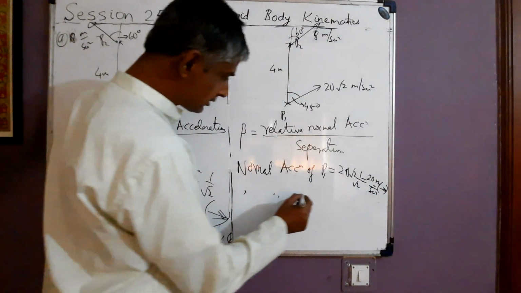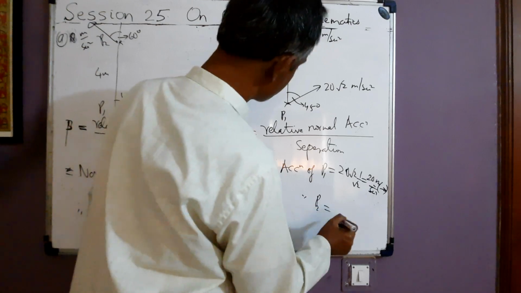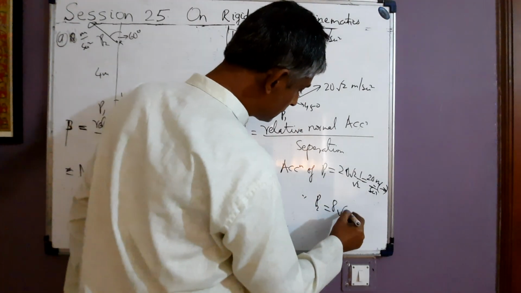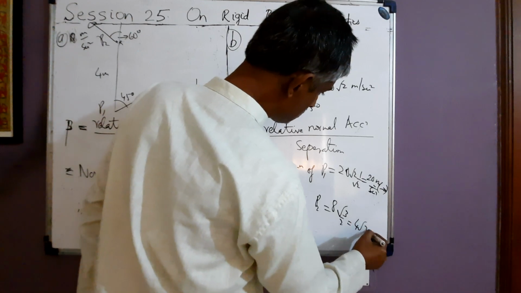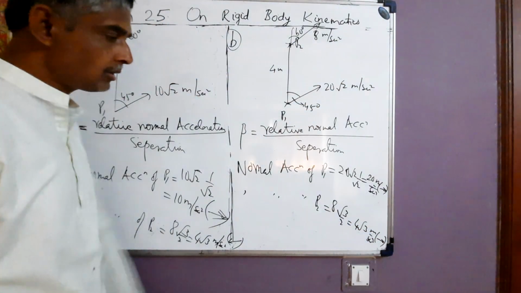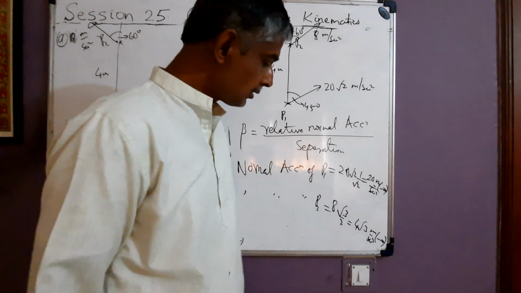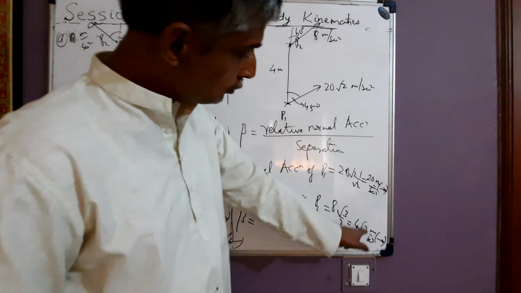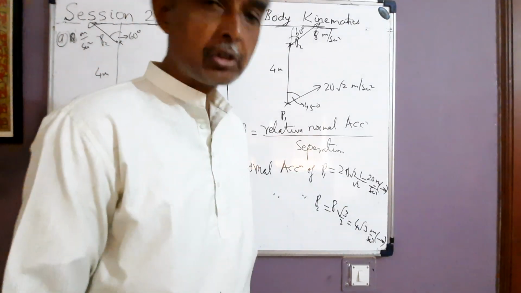Now, what is the normal acceleration of P2? That is 8 sine 60 degree. Sine 60 degree becomes root 3 by 2, so 4 root 3 meter per second square, that is also in rightward direction. So both are in the same direction, so we have to take the difference.